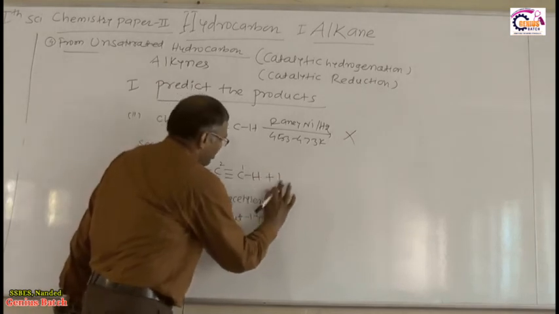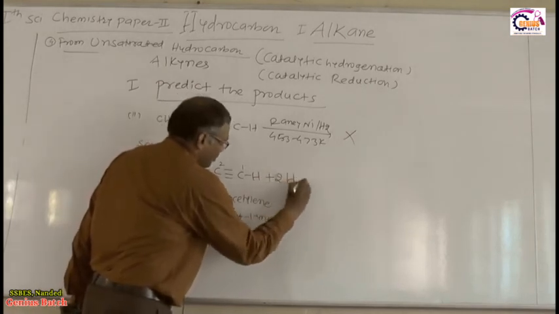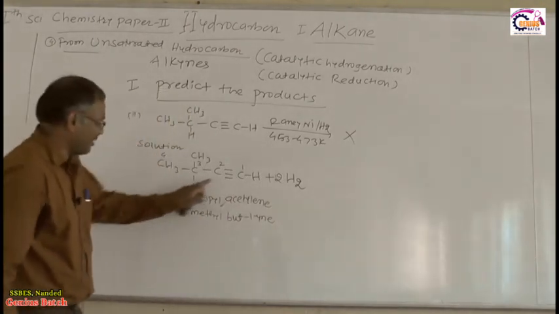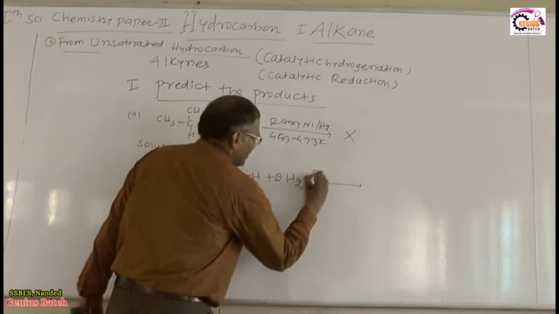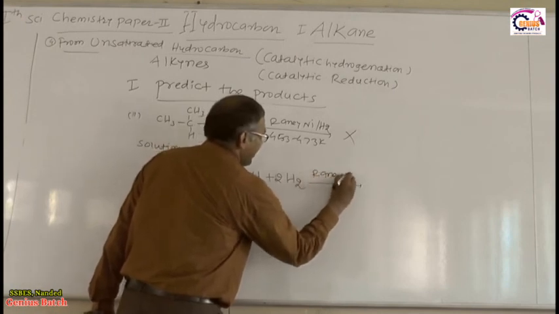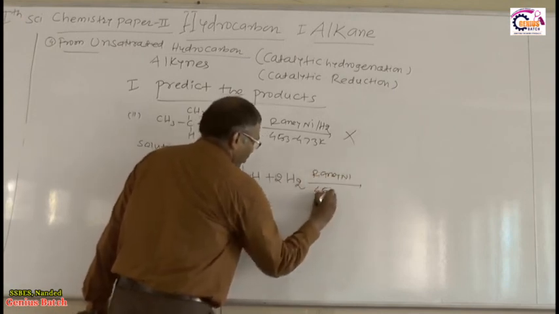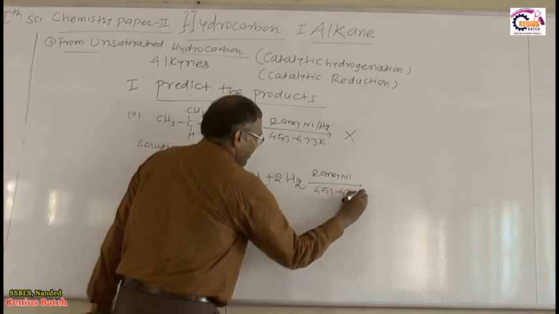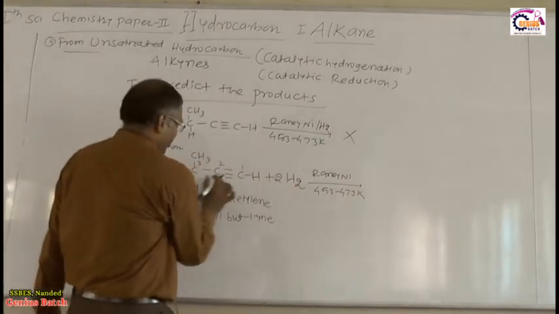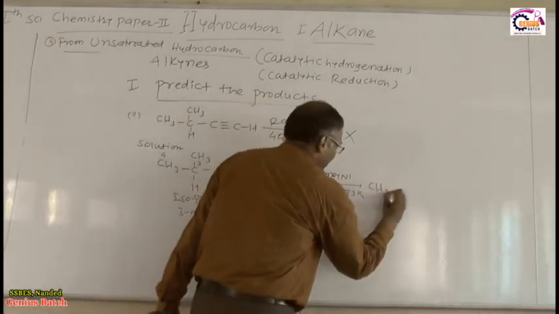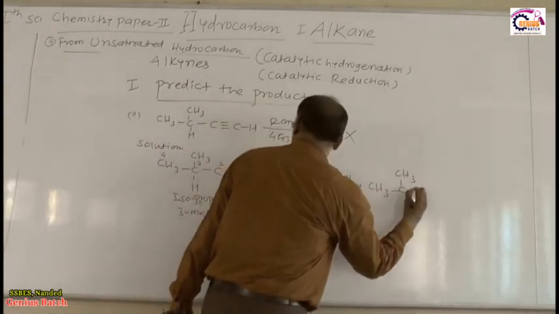So how many hydrogen molecules will be required here? 2 hydrogen molecules. Why? Because there are 2 double bonds, in the triple bond. So this is the Raney nickel catalyst, 453 to 473 Kelvin. Then the hydrogen molecules are added. How many? 2 hydrogen molecules are added.